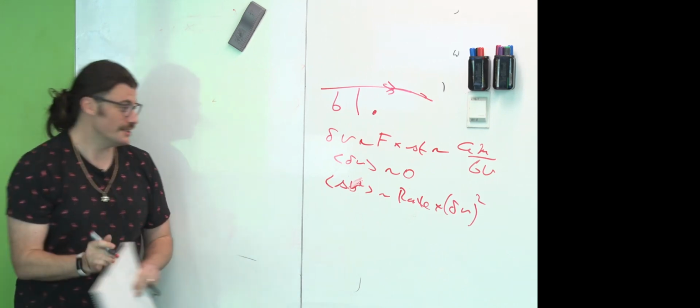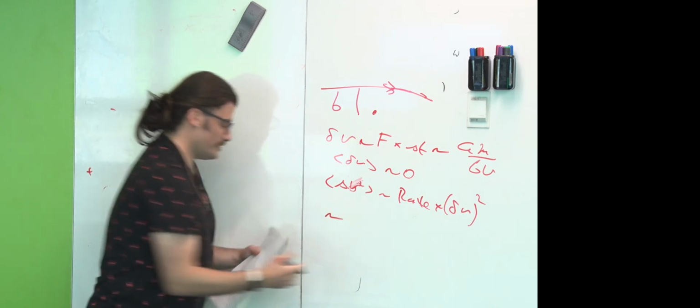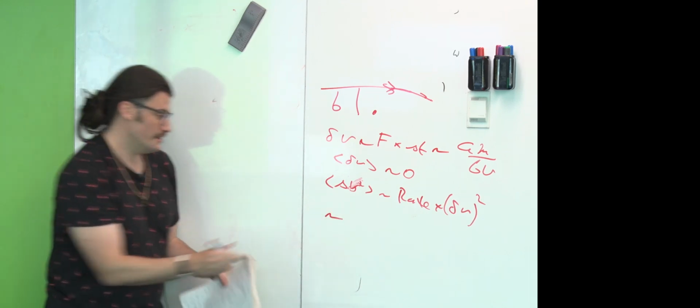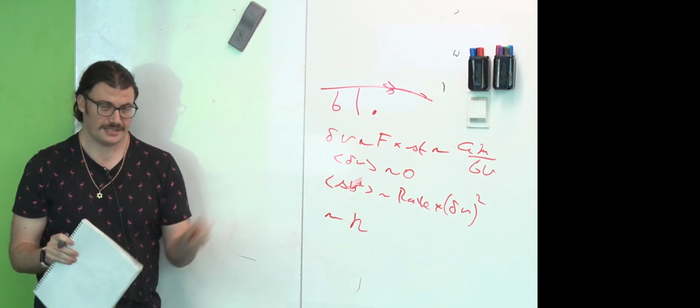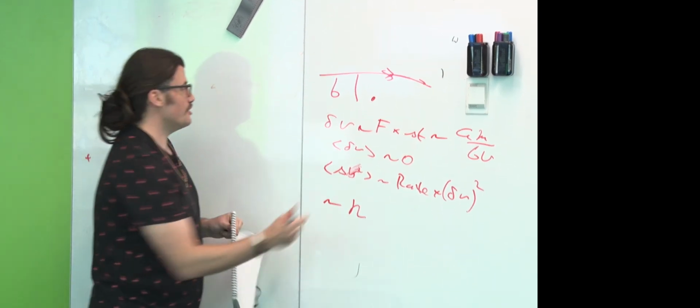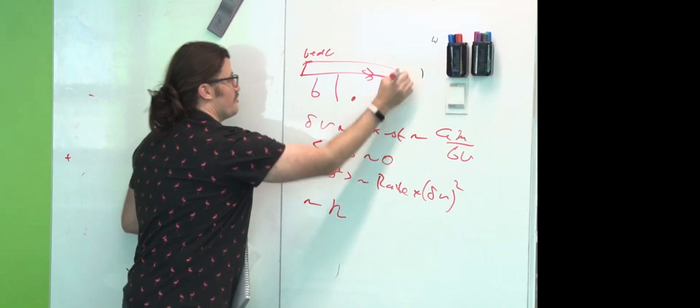I think Binney and Tremaine does it properly. Anyway, we can try and do that. For the rate, we need the number density of the stars in this environment times some cross section. Maybe we have some b, maybe we have some b plus db, so we have some thin annulus.